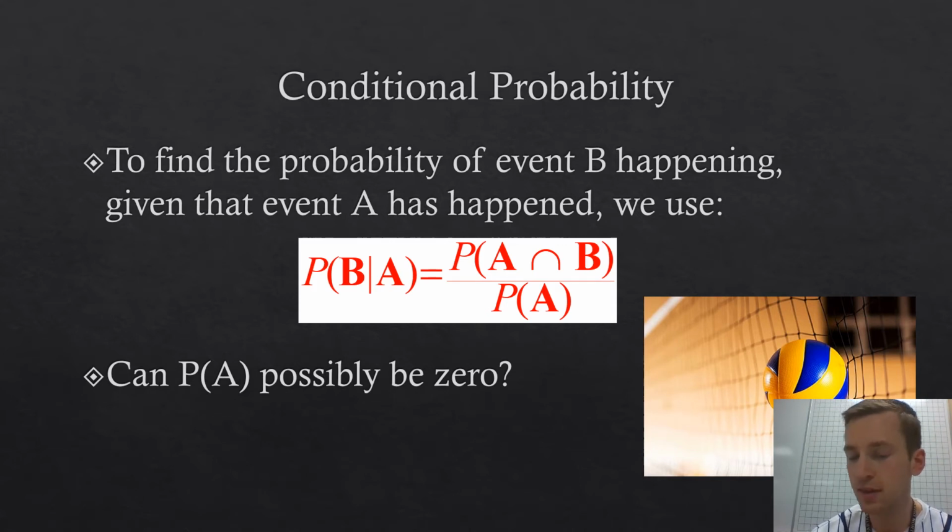That makes sense. You can't divide by 0 ever, but in our definition of a conditional probability, we want to know the probability of B given that A has happened. If the probability of A is 0, that means it hasn't happened. So that's why this equation works. We are saying with certainty that event A has happened already.